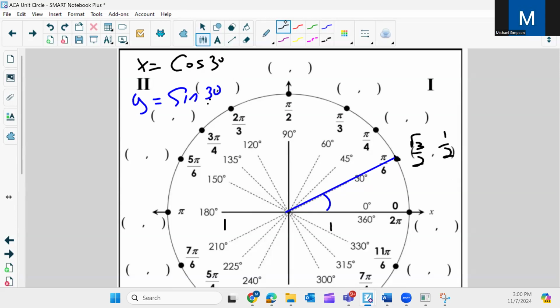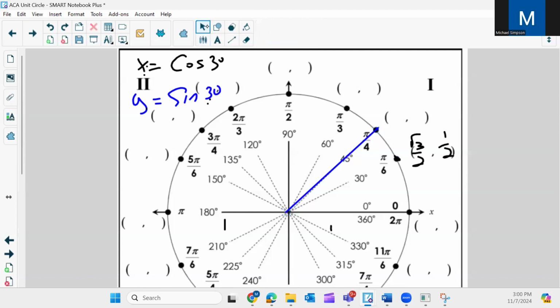And as you go around the circle now, the angle is going to change, but the formula does not change. It is still X equals cosine theta and Y equals sine theta. So if I move this ray to another angle, say pi over 4, now the angle is 45 degrees, but the formula is still the same.